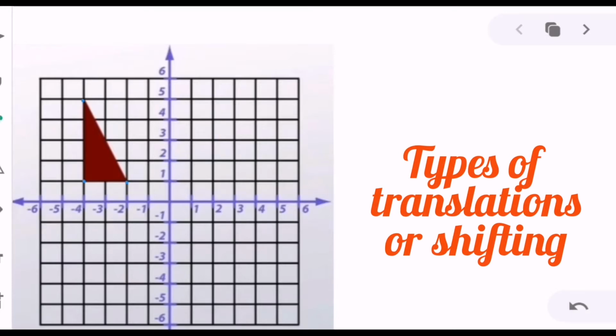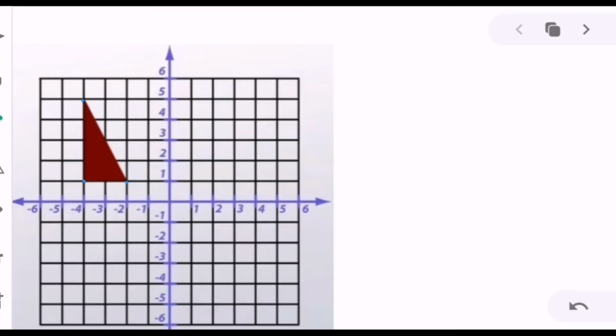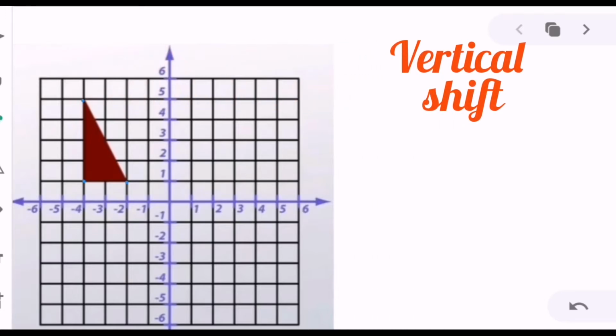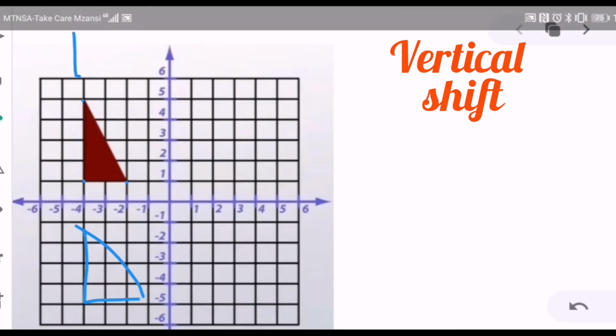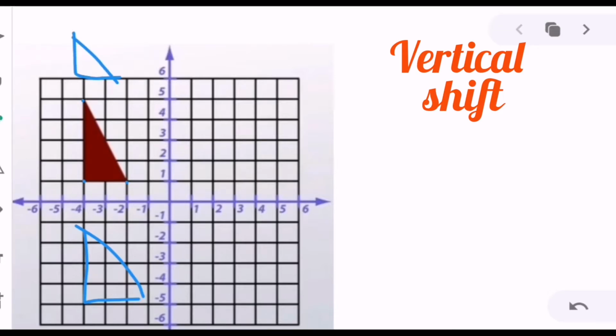There are two types of translations. We have the vertical translation, where we move the shape either down or up. So this shape here can be moved upwards or downwards. That is called the vertical translations, and we are moving along our y-axis.